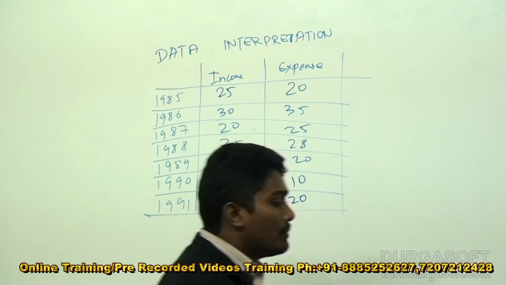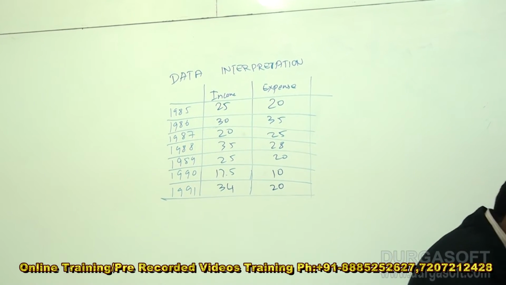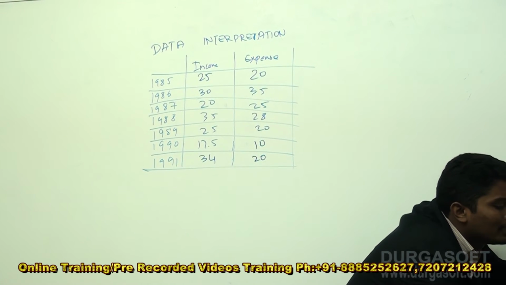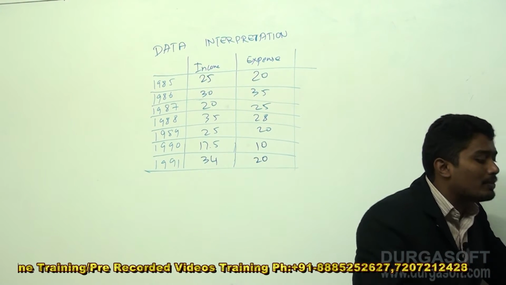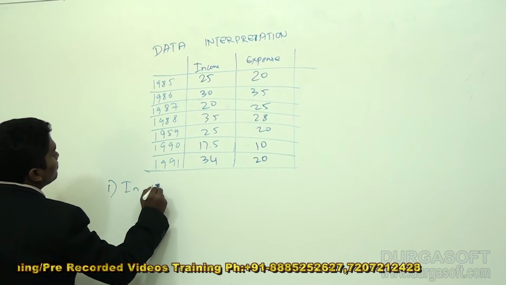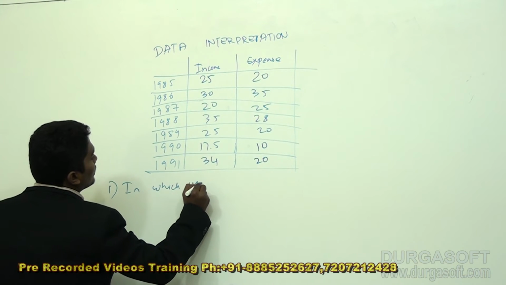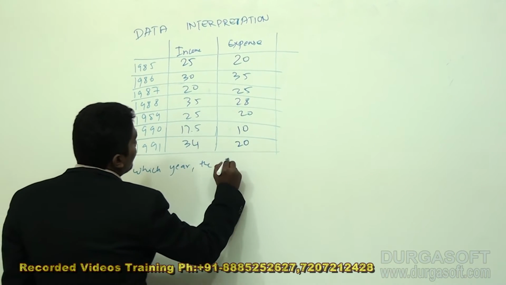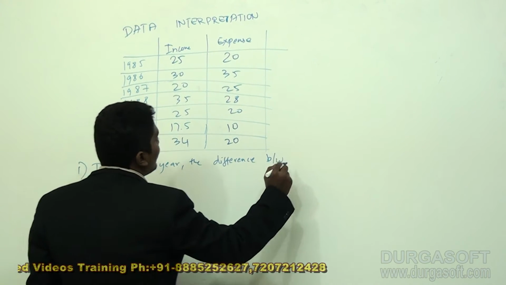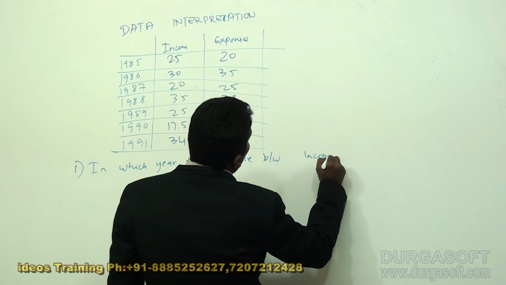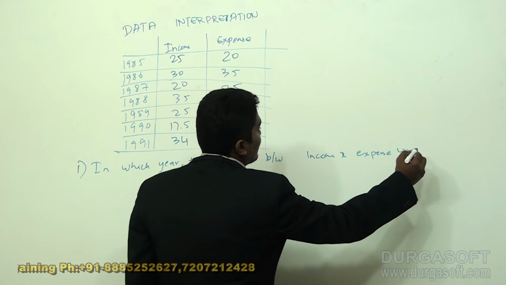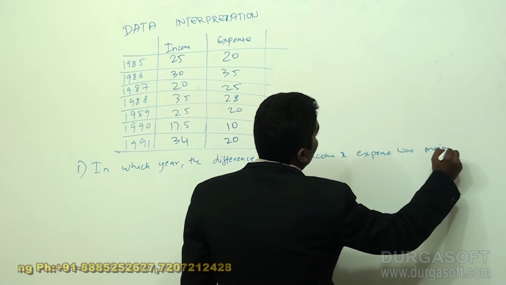Now based on this table or chart there are a few questions asked. First question: in which of the following years was the difference between income and expenditure maximum?